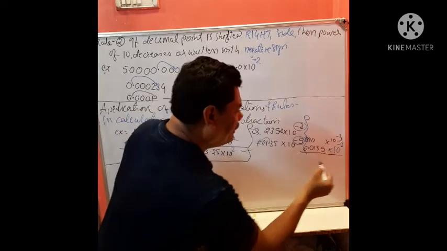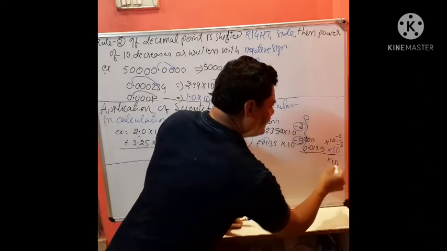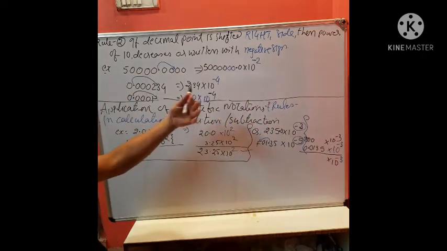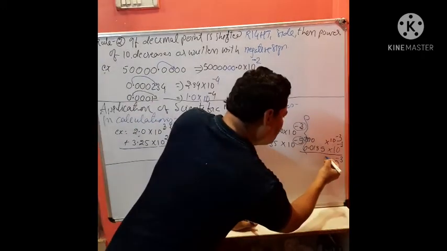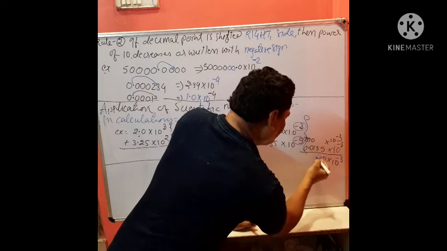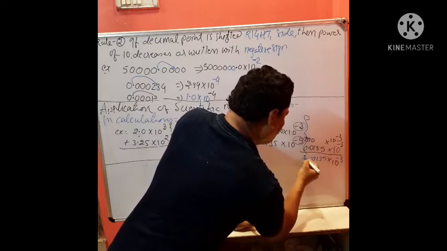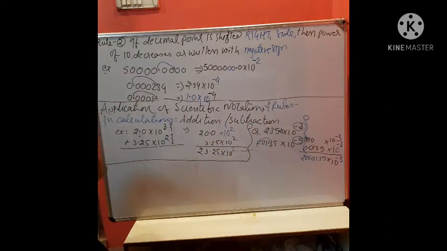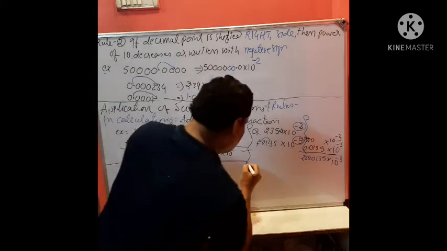Now add the numbers; the power will remain the same, 10 to the power minus 3, with no change. Now simply add the two numbers, and this becomes 235.0135. So this will be the solution. So in this way we have to solve the question.